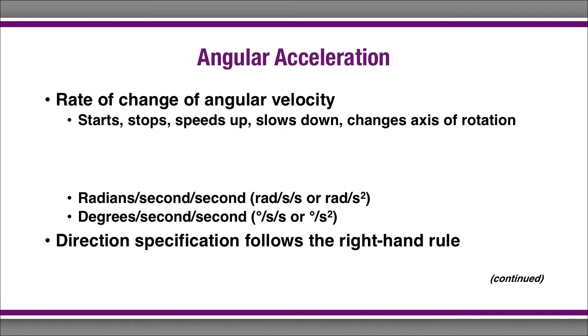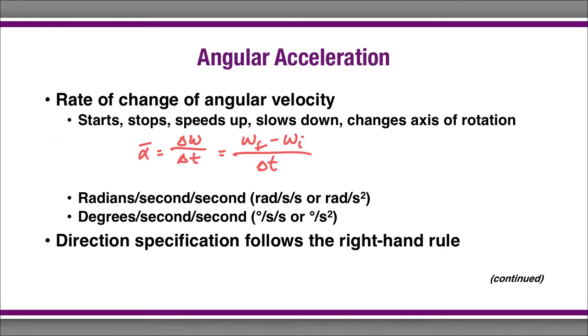Mathematically, angular acceleration is alpha equals change in omega, or angular velocity, divided by change in time, which can be further explained by omega f minus omega i: final angular velocity minus initial angular velocity over the change in time of a movement.